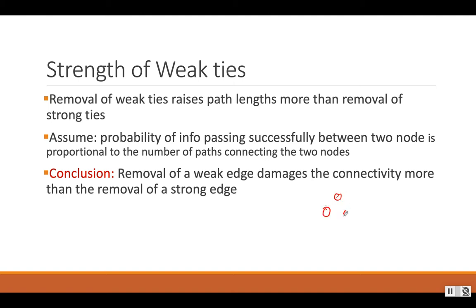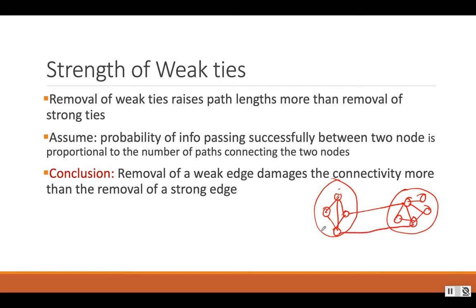If we consider a graph with a couple of strong ties inside the community, and one or two weak ties between the communities, and we remove the weak ties, that raises path lengths more than removing a strong tie.